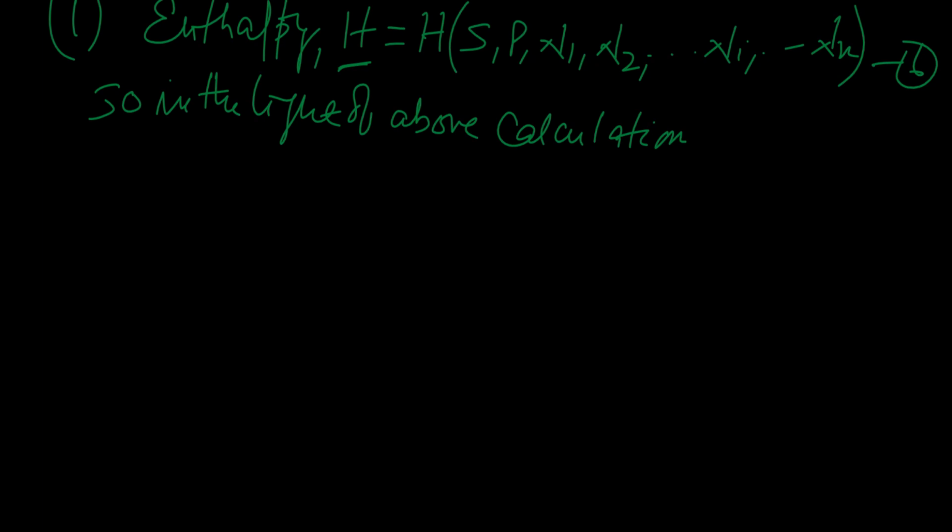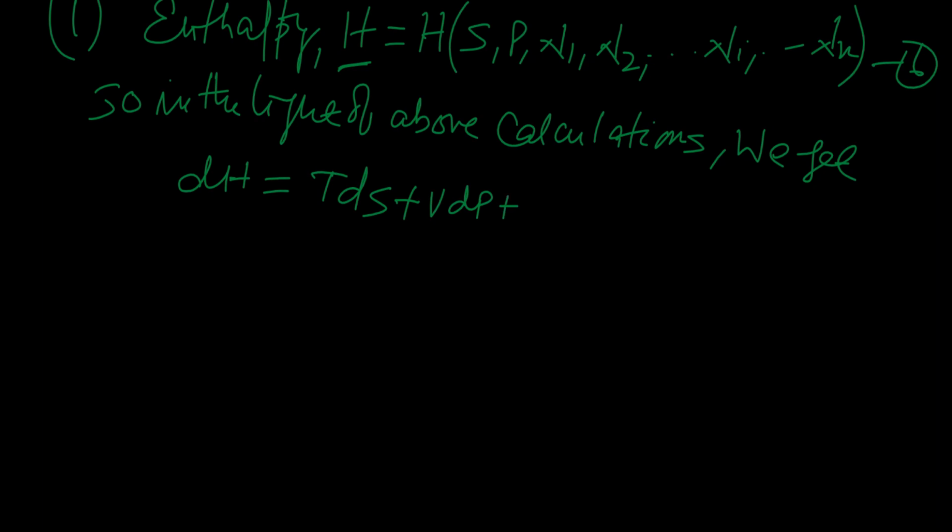In the light of the above calculations, we get dH is equal to TdS plus VdP plus summation over i from 1 to n of mu i dNi.